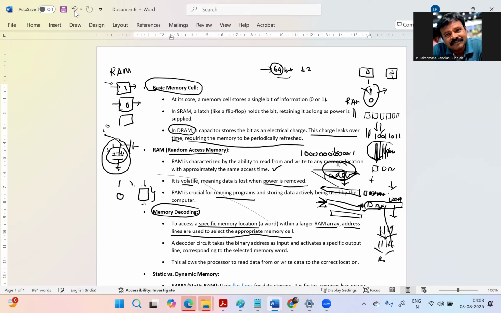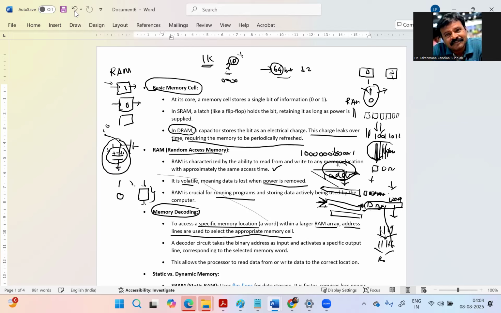So this is one line. Now, if you have 1K memory, 1K memory means 2 power 10, so 10 address lines are required. The 1024 locations are represented by 2 power 10, so we need 10 bits.